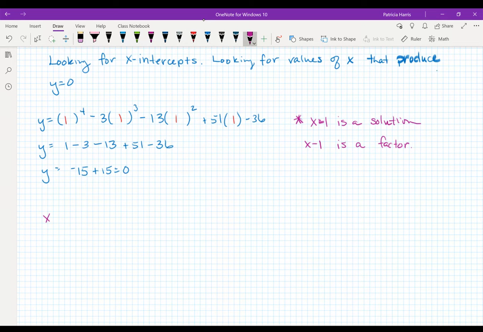So our x minus 1 goes on the outside, and then x to the 4th minus 3x cubed minus 13x squared plus 51x minus 36. When we use long division, remember we're always going to lead off with the very first term that we see in our divisor.